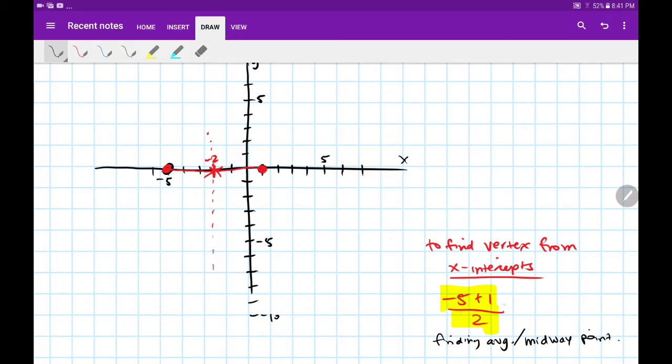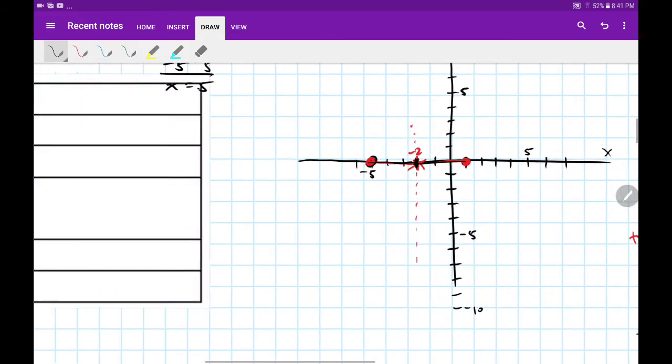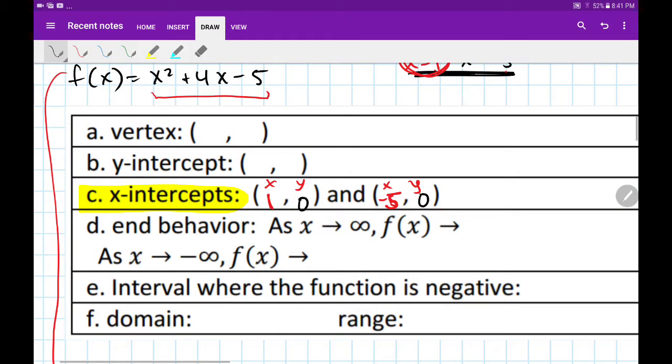So negative 5 plus 1 is negative 4, and then taking half of that, we get negative 2. So we just confirmed what we already knew, which is that negative 2 is the number halfway between negative 5 and positive 1. So negative 2 is going to be the x-coordinate of my vertex.